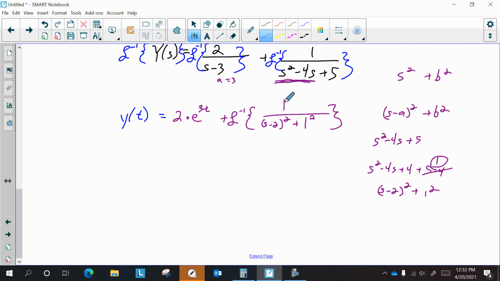So that's what we have. We have s minus a squared plus b squared on bottom, and we have that same constant that's being squared on top. So we can do the inverse Laplace there, bring our other terms down, and when we do the inverse Laplace there, we get e to the at times sine of b, which is 1, t.